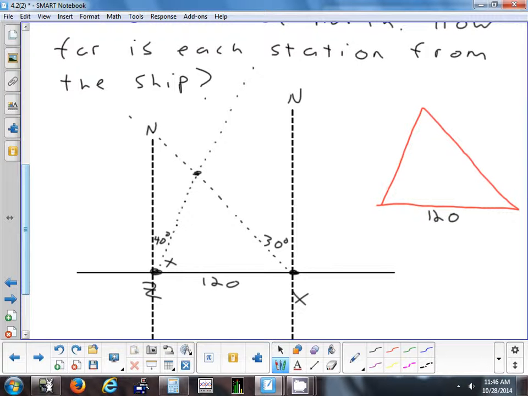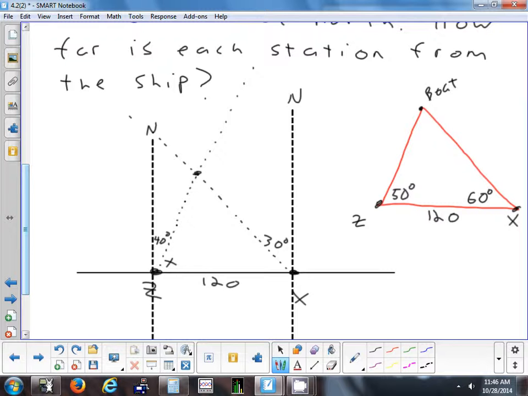Because that angle plus the 40-degree angle is complementary. Right, 90 degrees from north to the coastline. Perfect. And you can use the same reasoning on the other side to get an angle of 60. And now how far is each Coast Guard station from the boat? This is the boat. This is one station. That's the other station. So all we need to do is find the lengths of the two sides, and that's it.